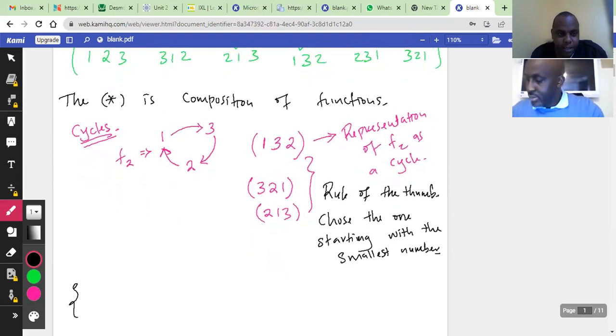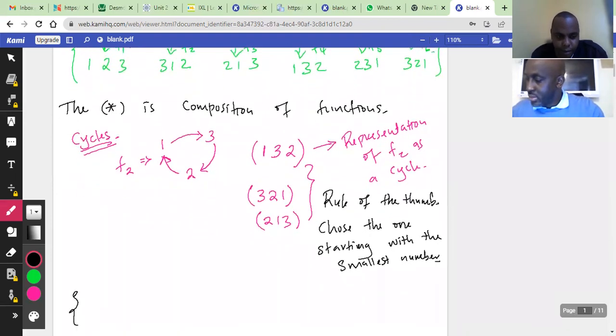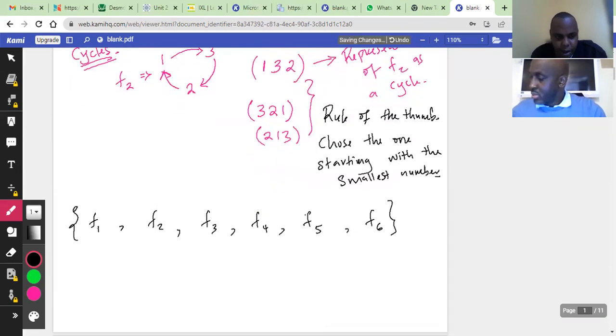So for the first one, we have F1, F2, F3, F4, F5, and F6. And we already said that F2 is going to be the same as the cycle 1, 3, 2.